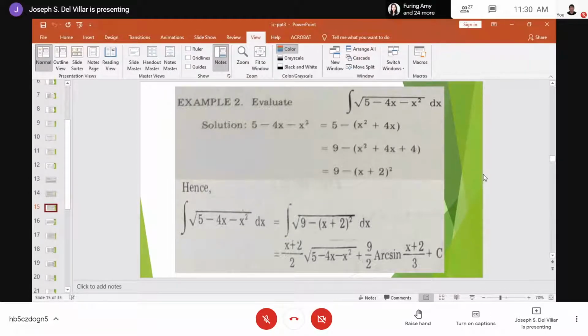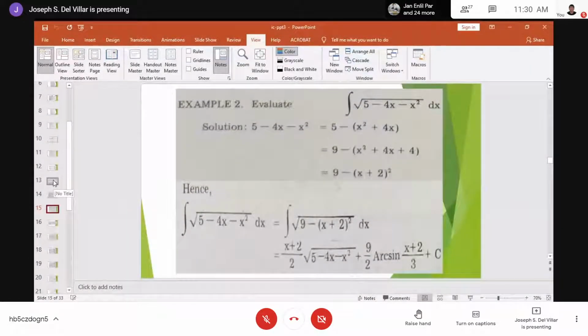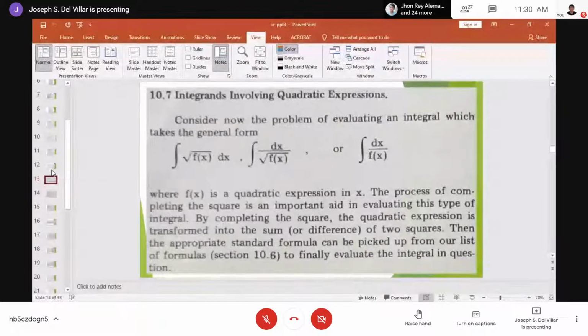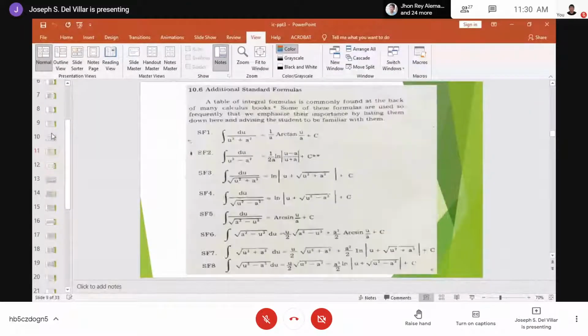So this takes the form of what? So balikan natin yung mga standard formula. Okay, so dito it takes the form of number 6 standard formula. Okay, tingnan ko lang ah.